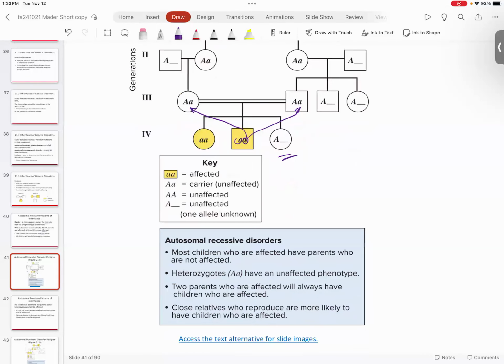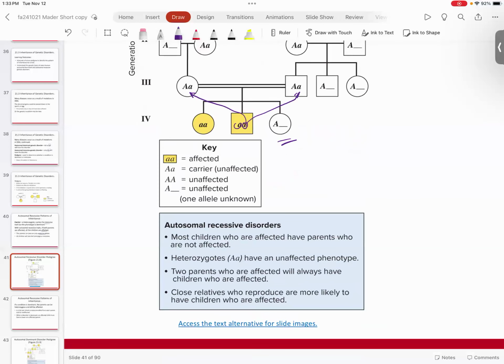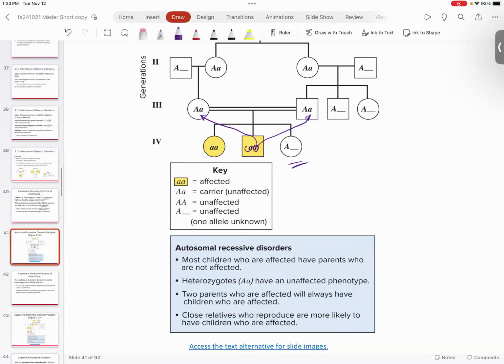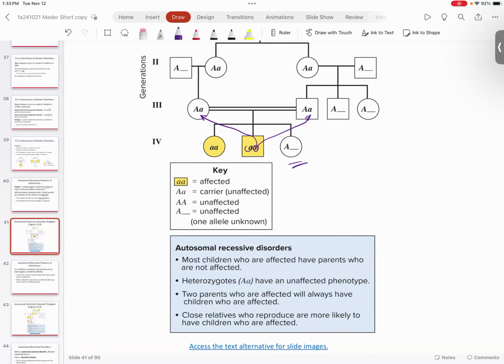Now, the important thing also to notice is the presence of a double line between mom and dad in generation 3. What that basically means is this is what's called a consanguineous pairing. Inbreeding, basically.